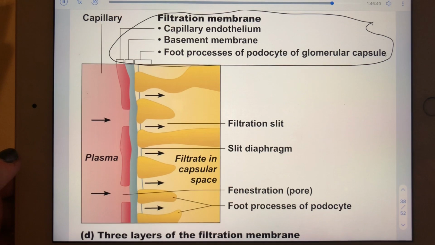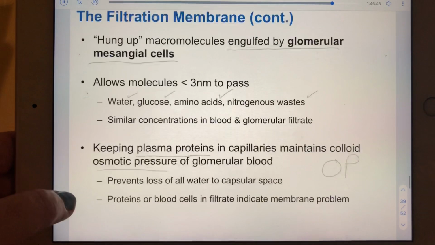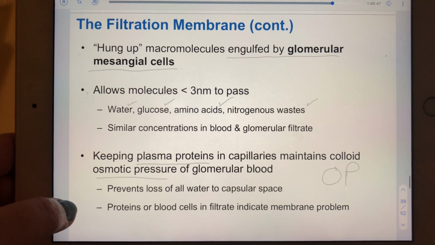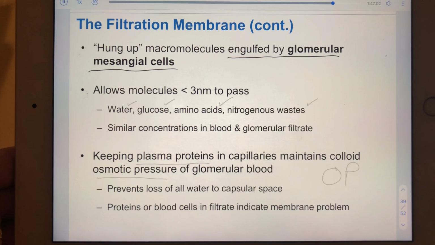On their way through the filtration membrane, macromolecules, they're large, and if they attempt to follow the fluid, they will get engulfed and broken down by glomerular mesangial cells. The packing peanuts that are actually in the renal corpuscle, whereas extraglomerular mesangial cells are outside the renal corpuscle.